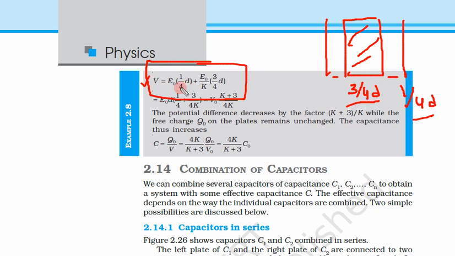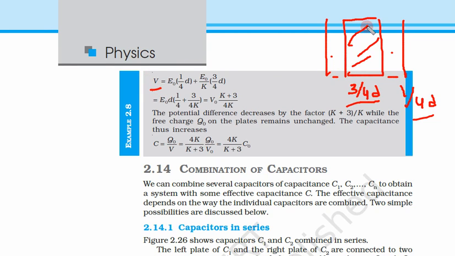So the total potential has a part of 1 by 4 D because of this non-filled part, and a 3 by 4 part because of this dielectric, which has a reduced electric field E naught by K. So the total potential has changed.